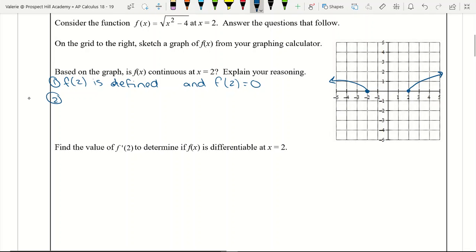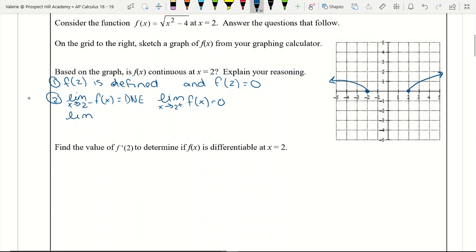The second that must be true is the limit from the left must equal the limit from the right. So the limit as x approaches 2 from the left of f of x is equal to, there is no left of 2 for the graph to approach, so this does not exist. And the limit as x approaches 2 from the right of f of x is equal to 0.